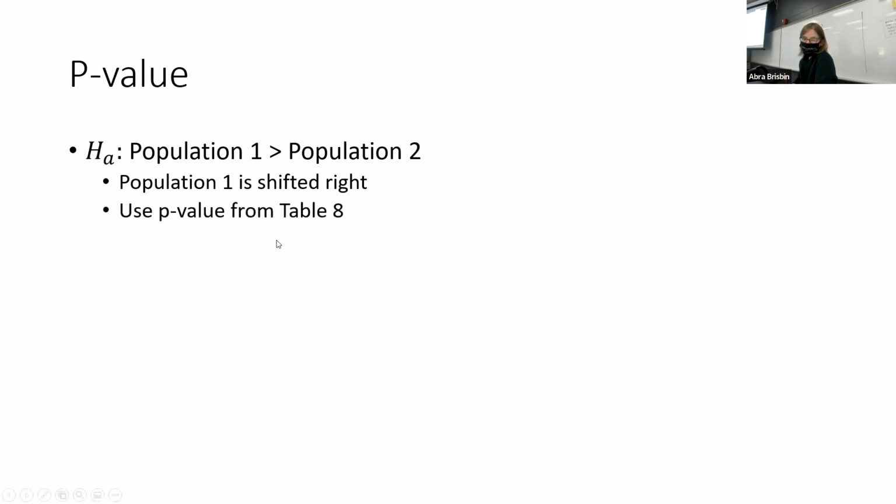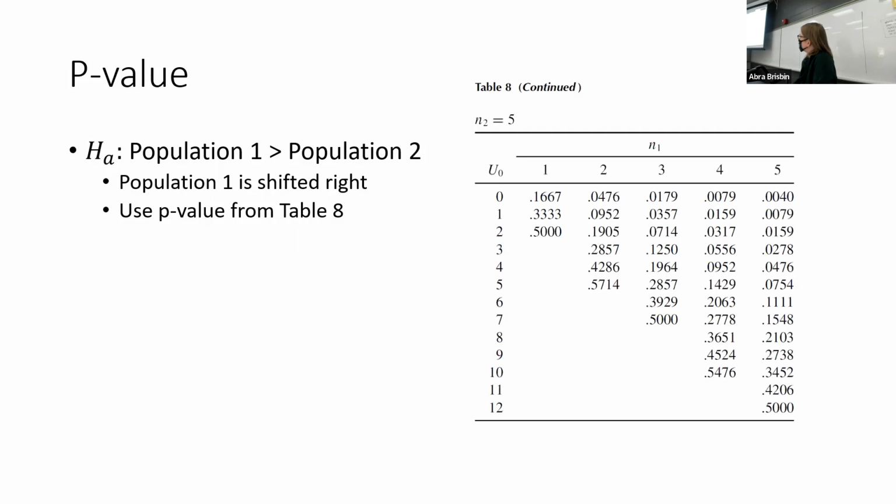In that case, we can directly use the p-value from table 8 in the back of our book. So here's what that looks like for n sub 2 equal to 5. Start by looking at the portion of the table that corresponds to the size of group 2.